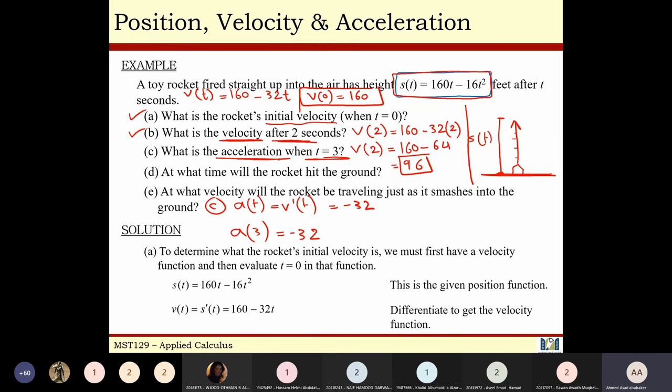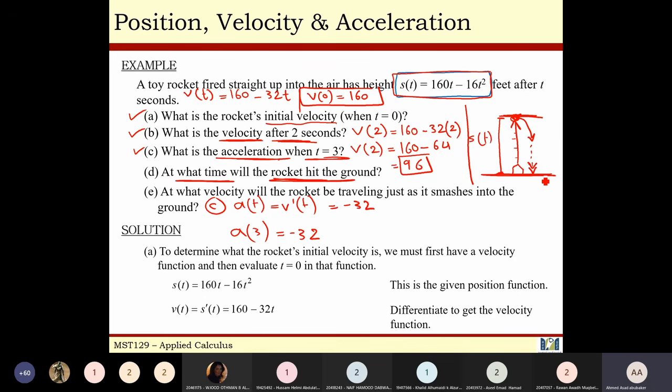Okay, now at what time will the rocket hit the ground? Look at this. The rocket fires up, stops, and returns to the ground.